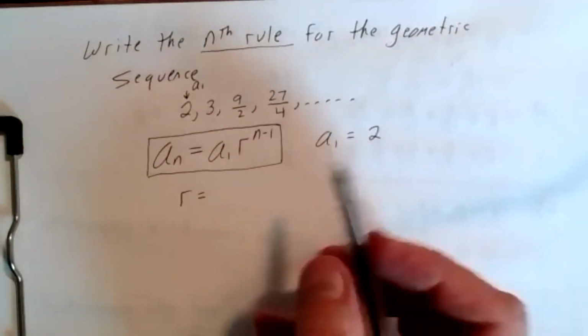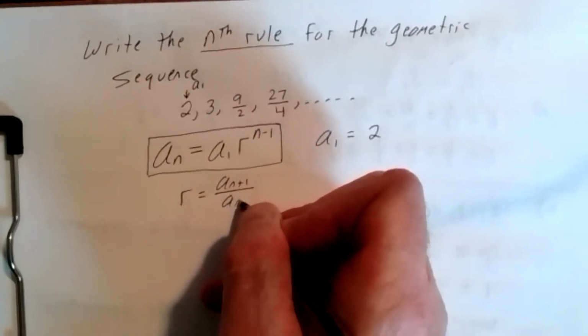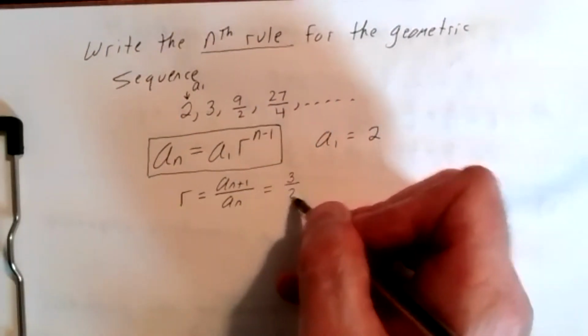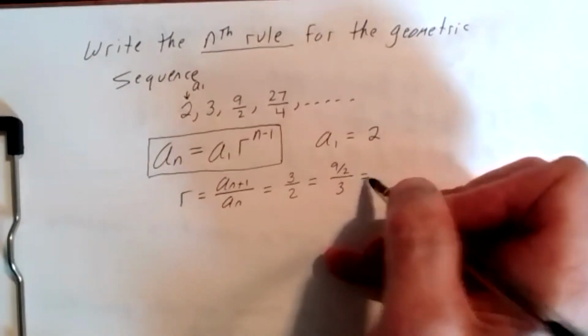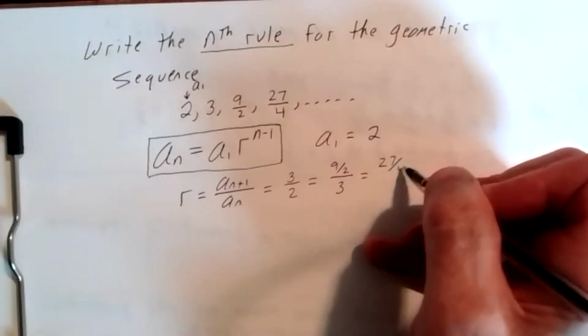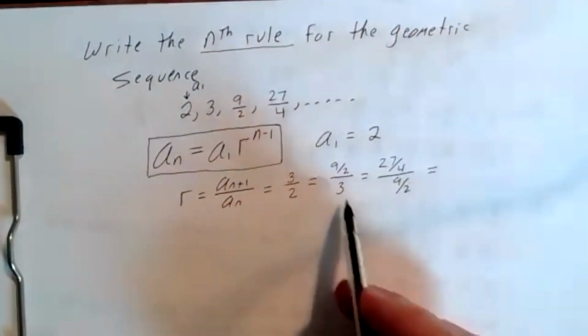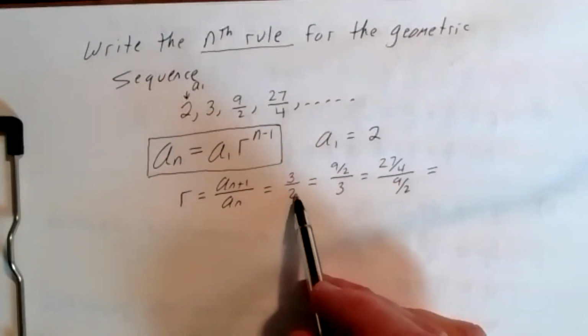Well, it's got to be equal to, in general, your n plus 1th term divided by the previous nth term. So it better be equal to 3 divided by 2, or 9/2 divided by 3, or 27/4 divided by 9/2. And ladies and gentlemen, even if you take these nasty fractions and divide them, you'll see that you better get 3/2.